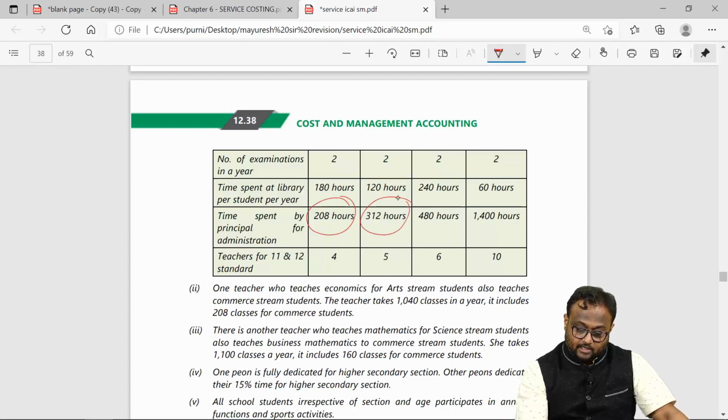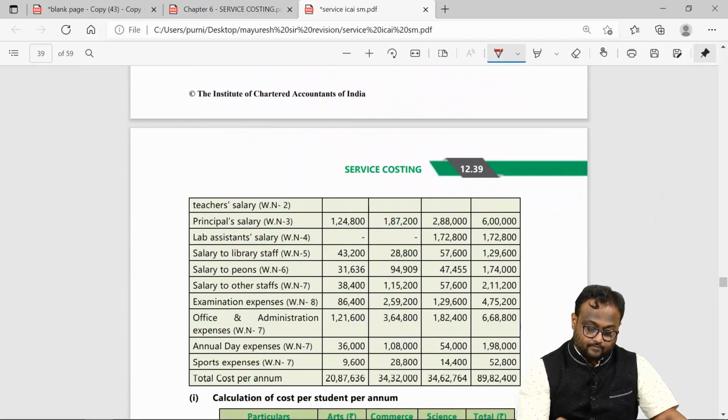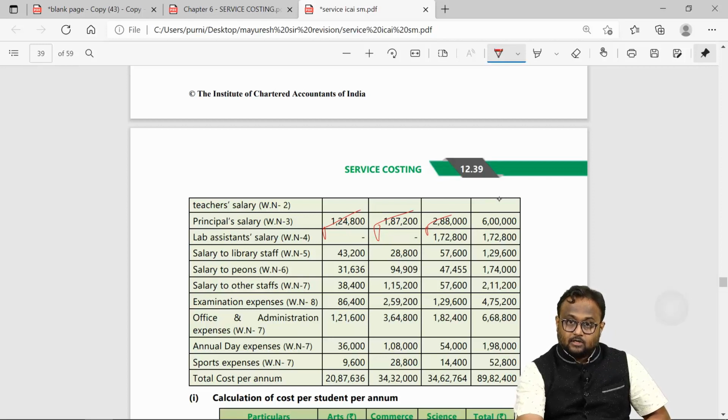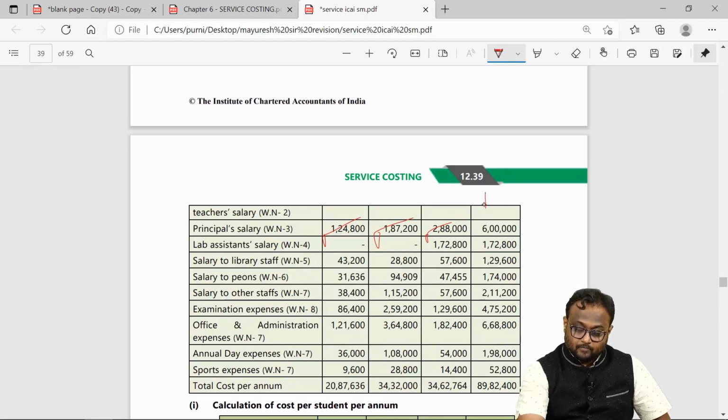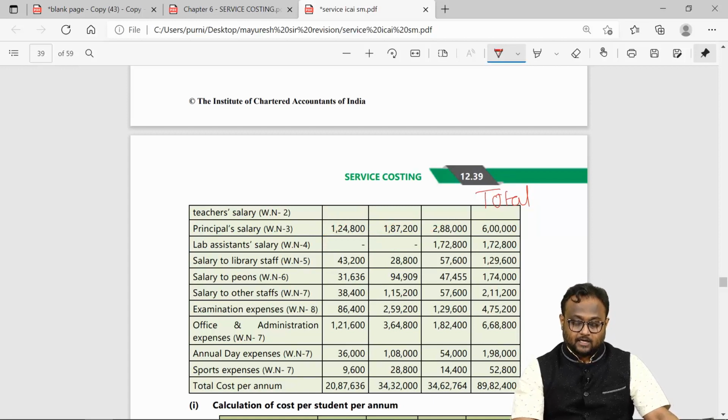So 600 per hour into 208, 312 and 480 will be charged here. This is not primary secondary, this is the total column. We are asked to calculate only for arts, science, commerce, higher secondary only. Is this part clear?